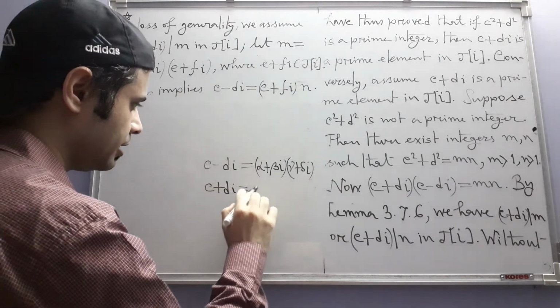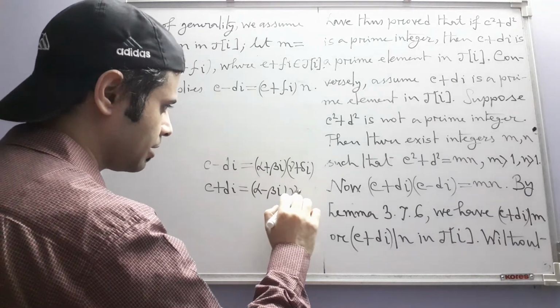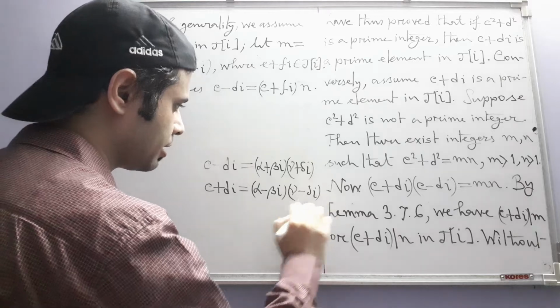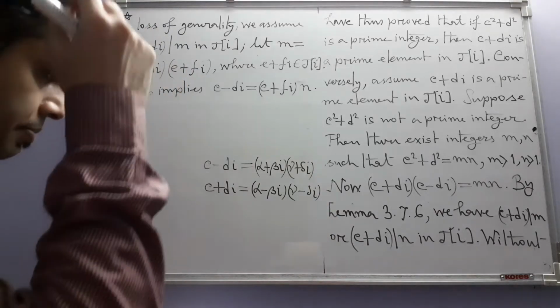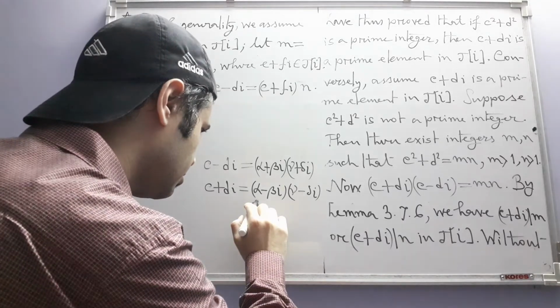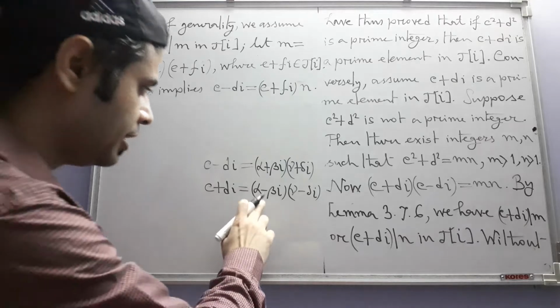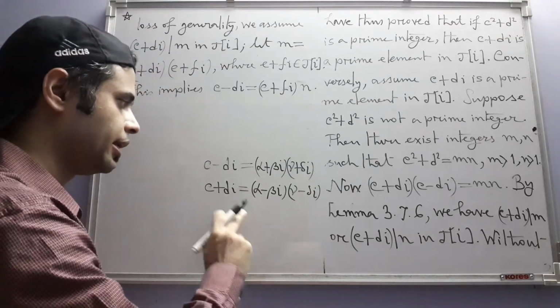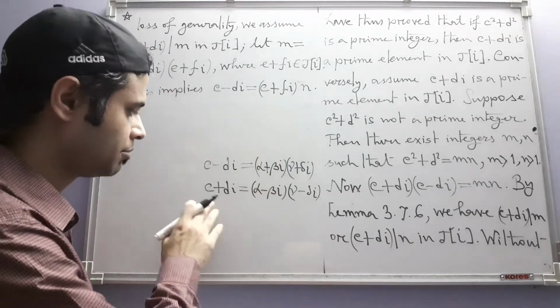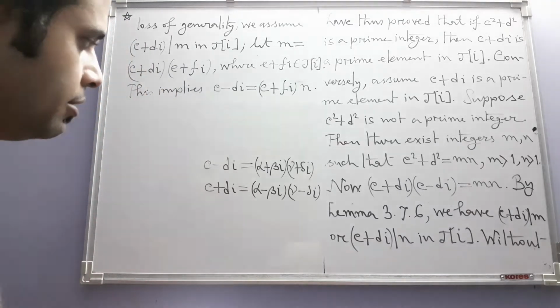Then C plus di is alpha minus beta I times gamma minus delta I. Okay. Now, are these also non-units? That is the question. If they are non-units, then we have got what we want, because then primality of C plus di will be contradicted.